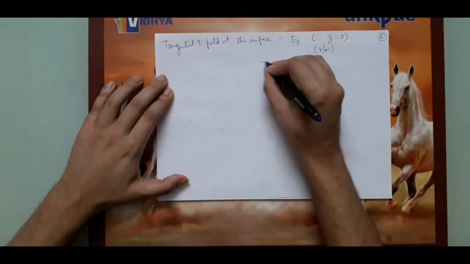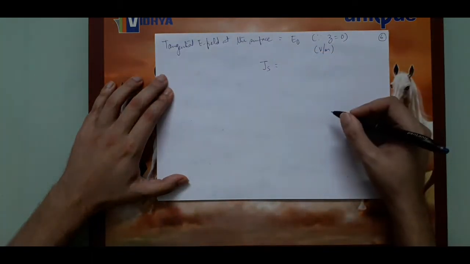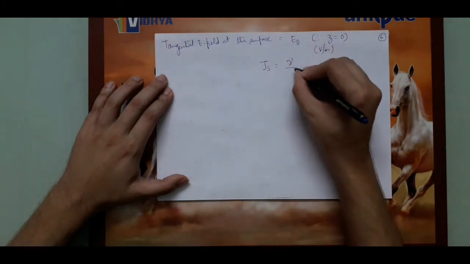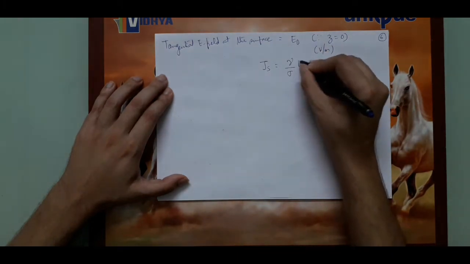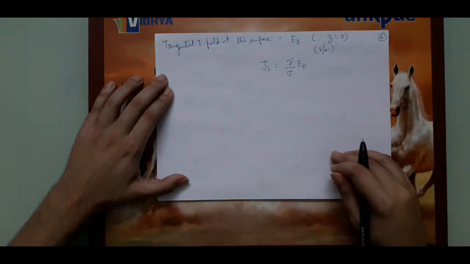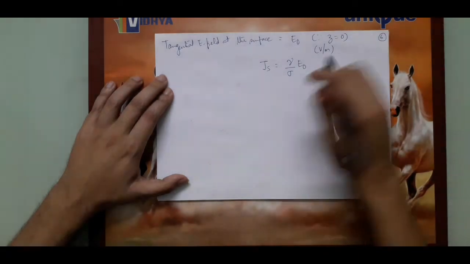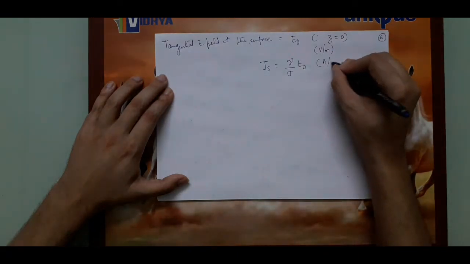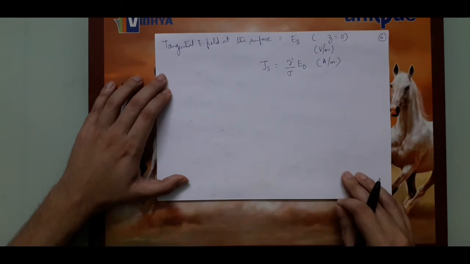We just calculated the surface current density Js, that is equal to sigma by gamma times E0, and the unit of surface current density is amperes per meter.